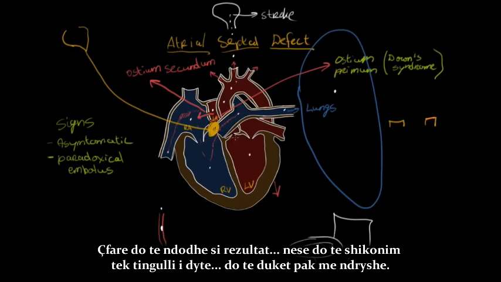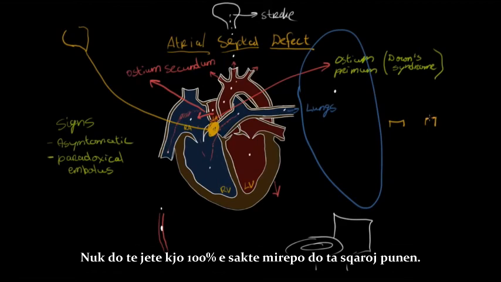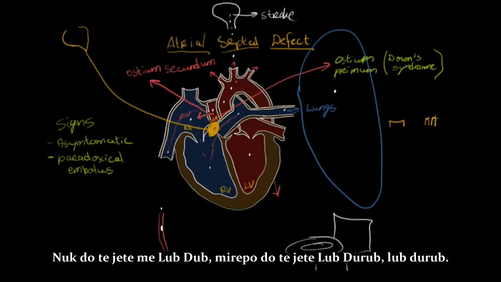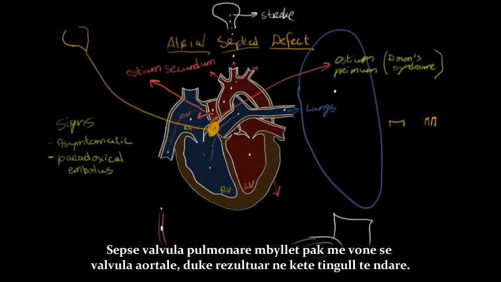So what's going to end up happening as a result, if we look at this second sound, it's going to look a little different. Now, this isn't going to be 100% accurate, but it's going to illustrate the point. It's going to look a little different in that we are going to split this second sound. So it's no longer a lub dub, it's a lub drub, because the pulmonary valve is closing just a little later than the aortic valve, resulting in this split sound.